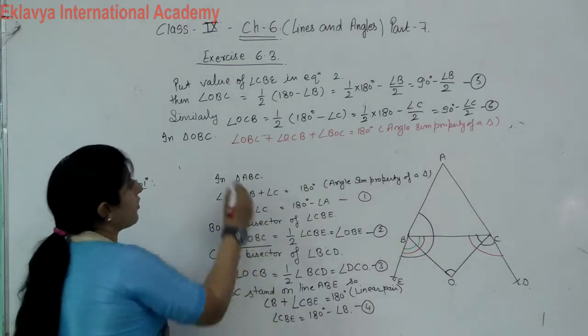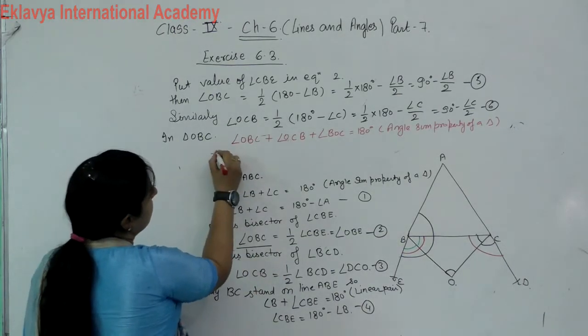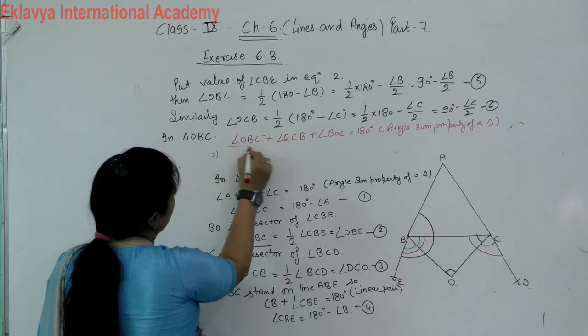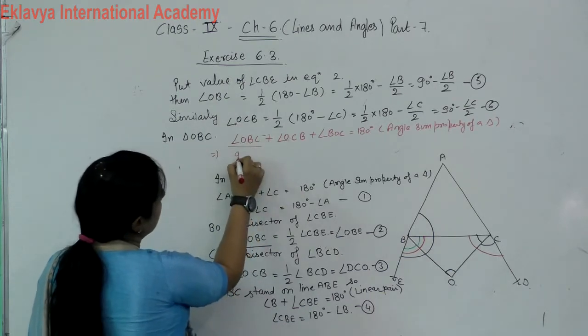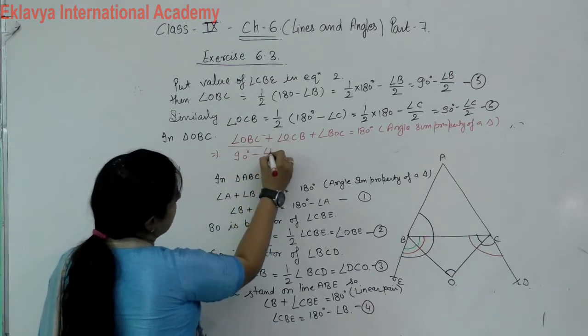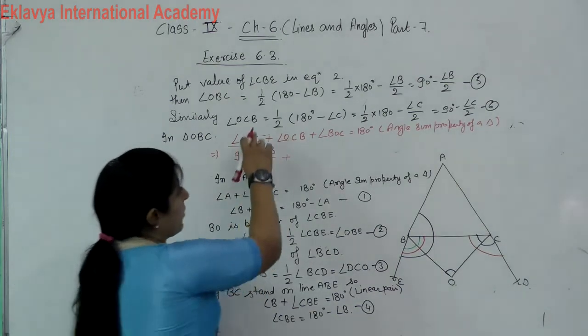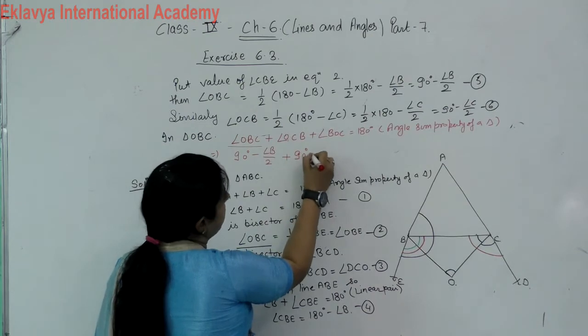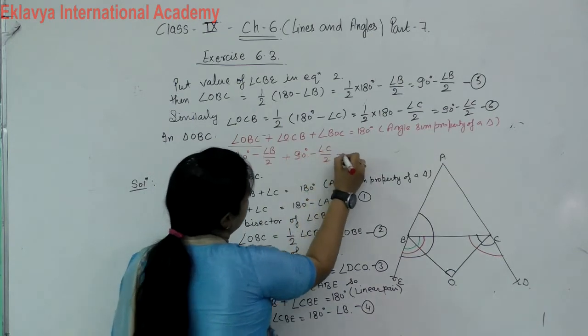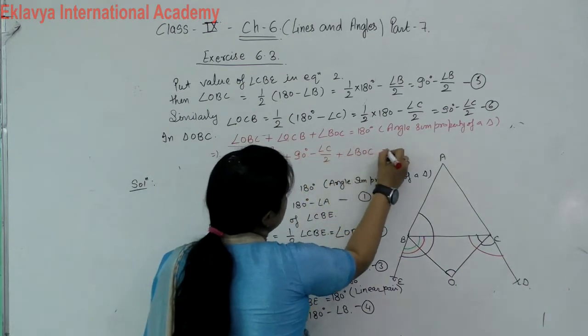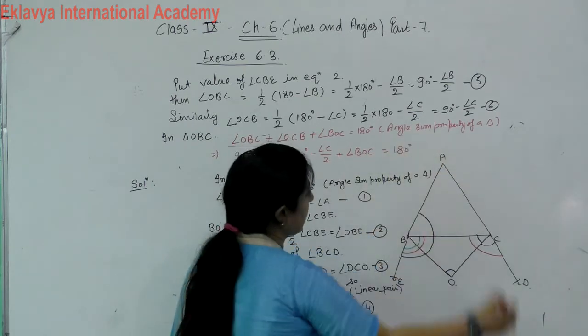Put the values from equation 5th and 6th. Write OBC value is equal to 90 degrees minus angle B by 2, plus OCB 90 degrees minus angle C by 2, plus BOC is equal to 180 degrees.